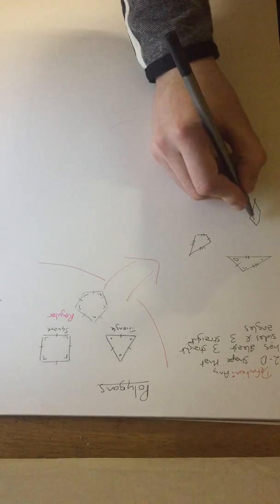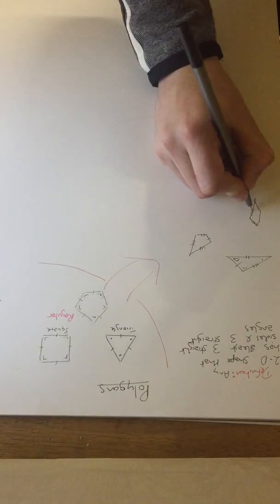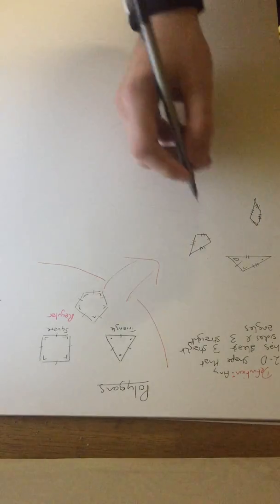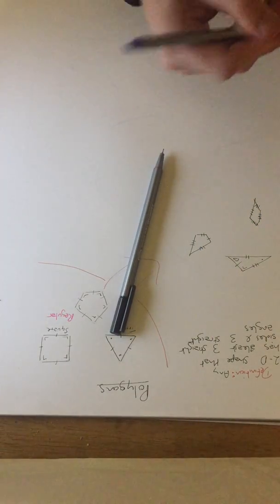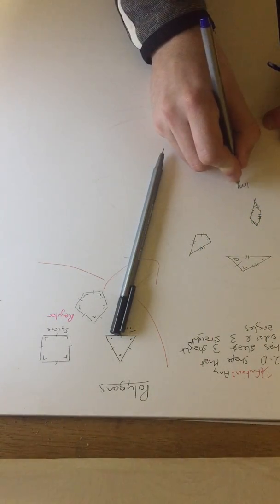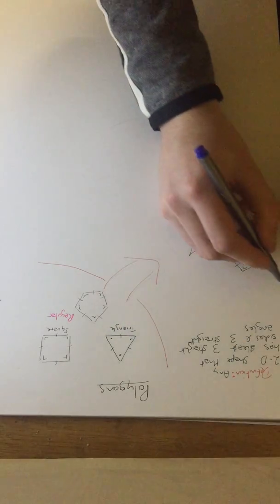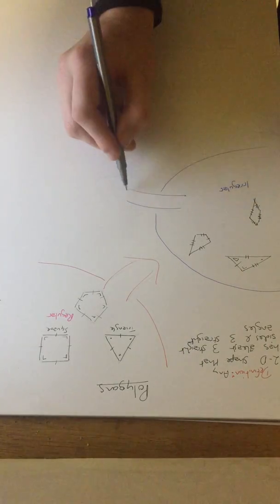Five sides here, clearly not the same. Five angles not the same. That's what makes this section irregular. Now we'll cordon that off and we'll move to the next section.